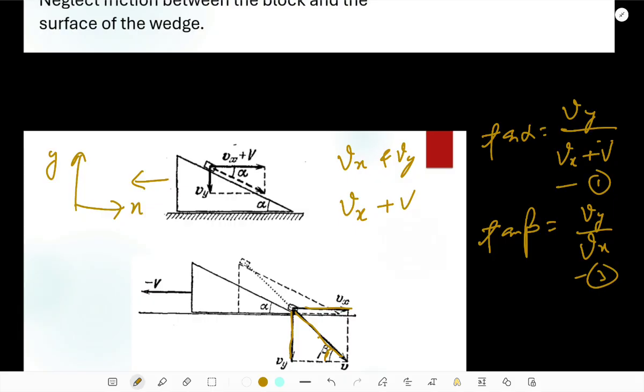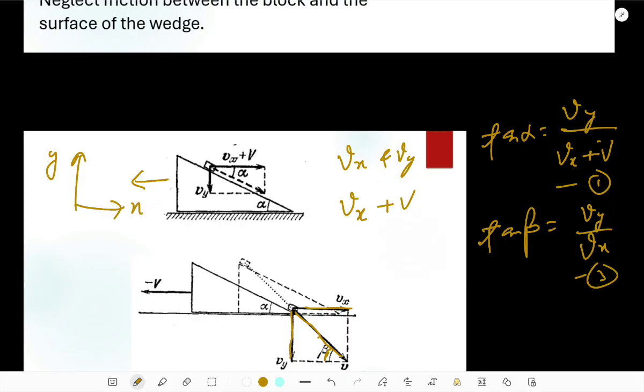All the external forces on this block wedge system are acting in the vertical direction and missing in the horizontal direction. So the horizontal component of the system's momentum remains constant.